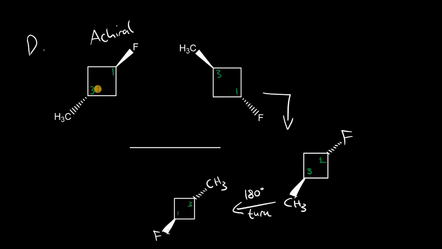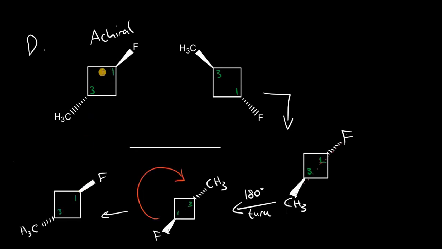So once we have that, we're really close to getting this molecule. All I need to do now is rotate it and send this fluorine from the bottom left to the top right. And I'll bring this methyl group from the top right to the bottom left. All I do is rotate on this plane a full 180 degrees, clockwise or counterclockwise.